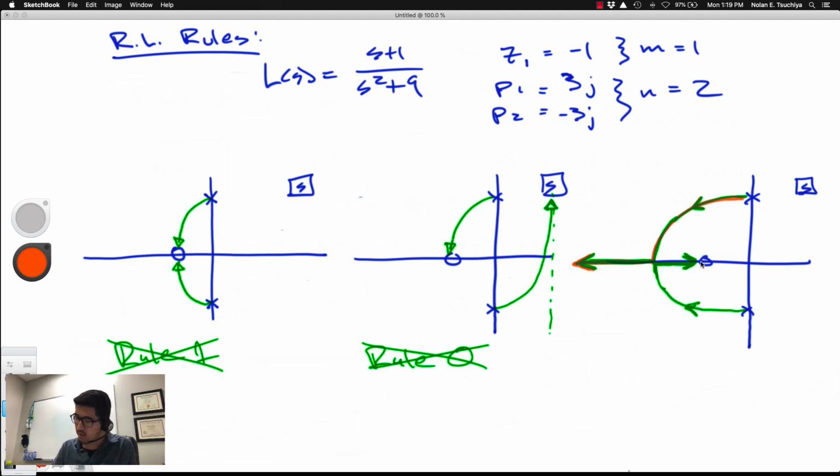Okay, so this root locus picture is both symmetric about the real axis and also satisfies the rules or the implications of rule 1. So this one here is a valid root locus.